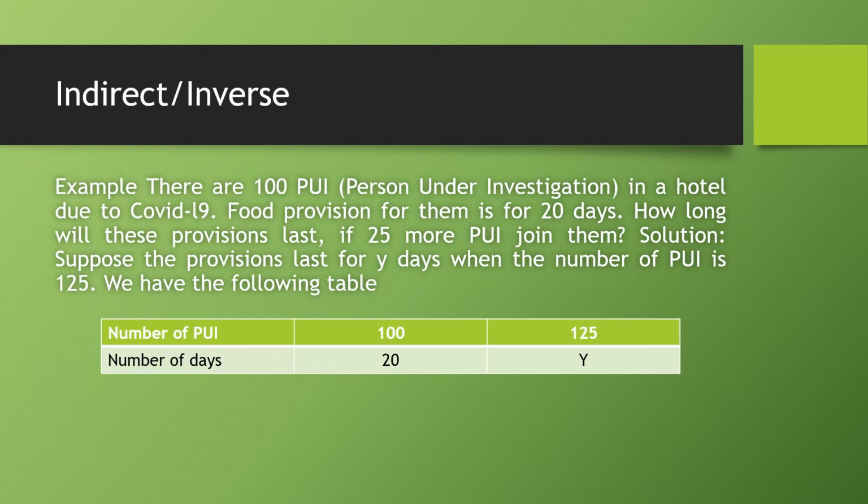So, ibig sabihin, para malaman natin na ito ay indirect proportion, sa bawat pagtaas ng mga persons under investigation, bababa naman ang food provision. Ibig sabihin, kapag tumaas ng tumaas ang PUI, may tendency that the food provision ay bumaba naman. Kasi nga, dumadami yung mga tao.